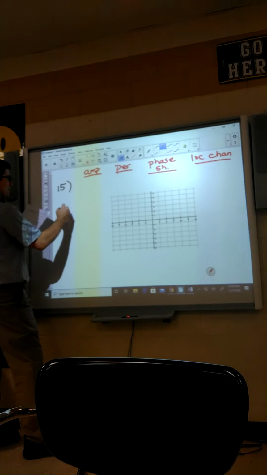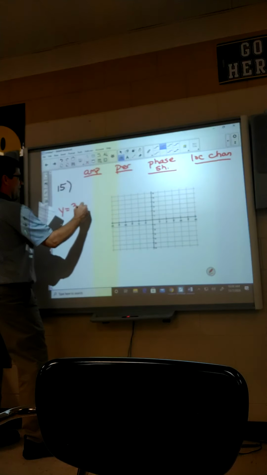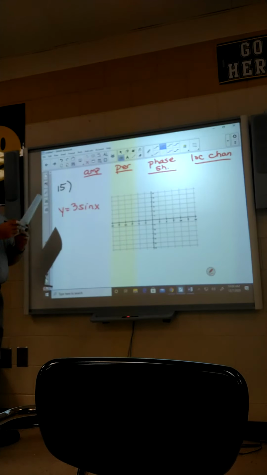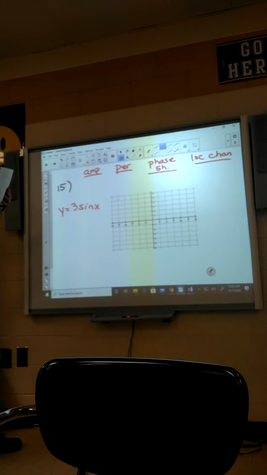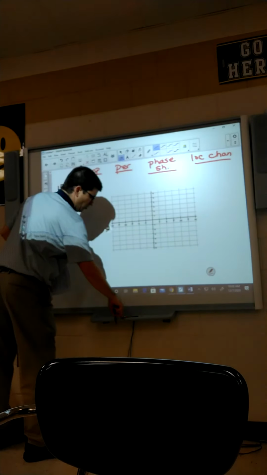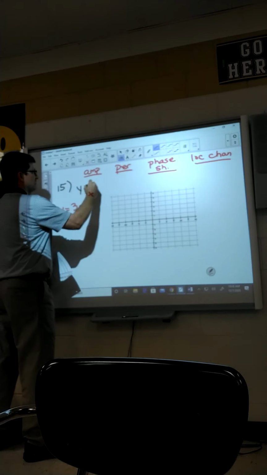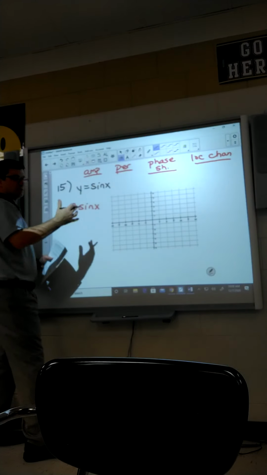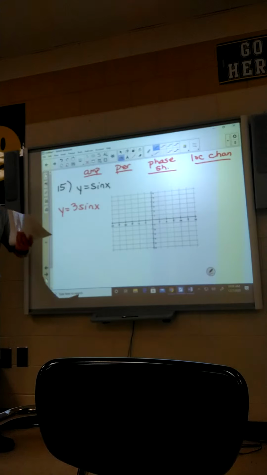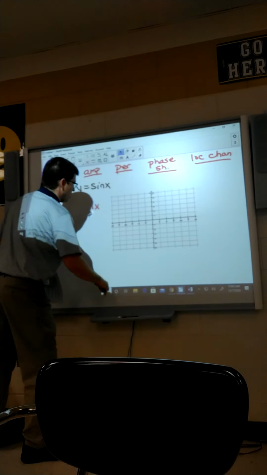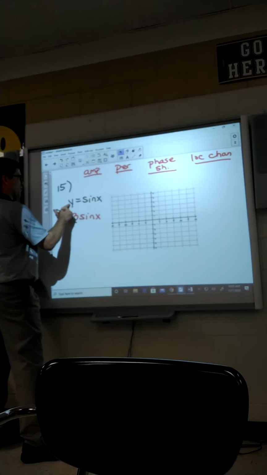The problem says y equals 3 sine x. All right, Jacob, Christian, if you look in the instructions, it says graph the base graph for each problem first. What that means is just plain old sine x. That's the base problem. That means that's where you start. It's the standard problem. So we're going to have to graph that first.